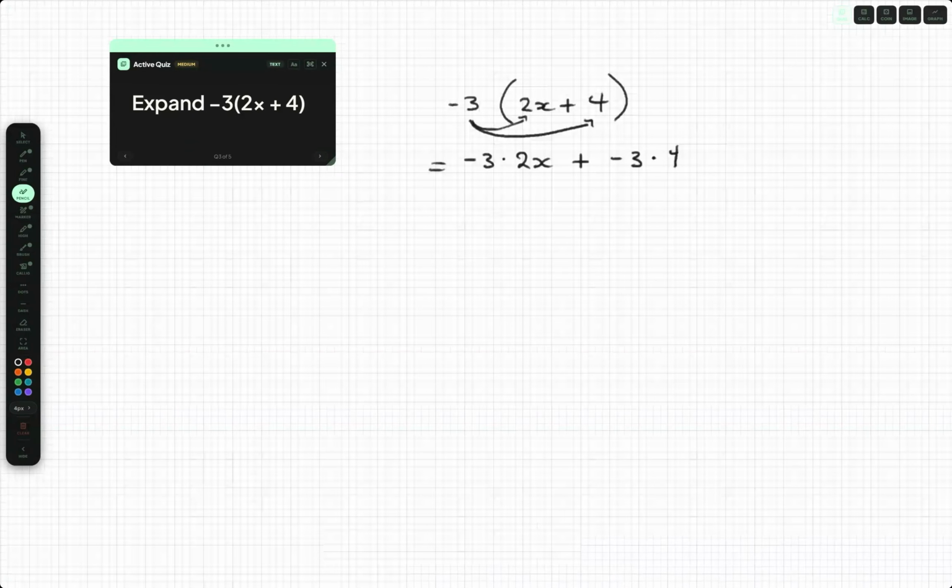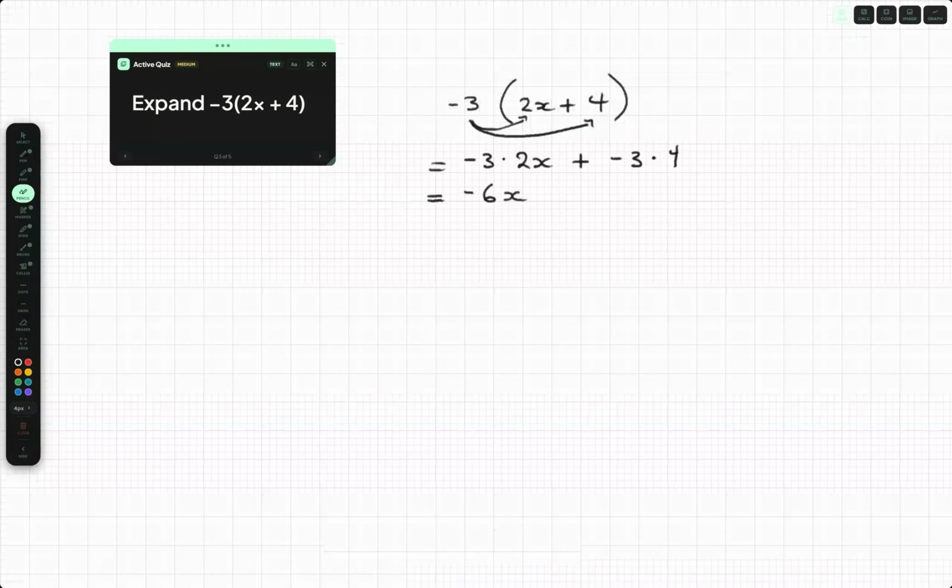Because these are both next to each other, plussing a minus is just going to be a negative, so we end up with negative 3 times 2x is minus 6x, and then negative 3 times 4 is minus 12. It can help sometimes if you do these as separate little pairs before resolving the signs at the end.